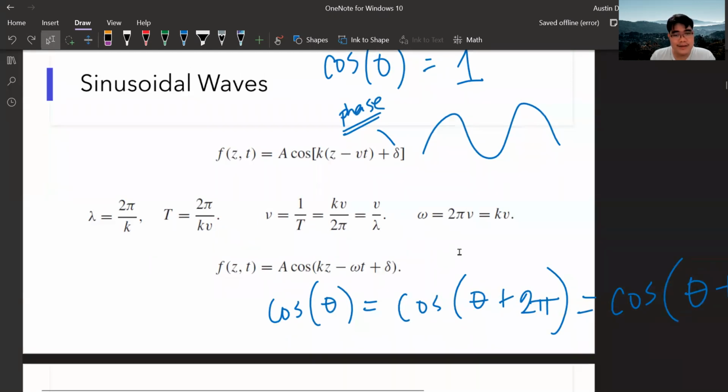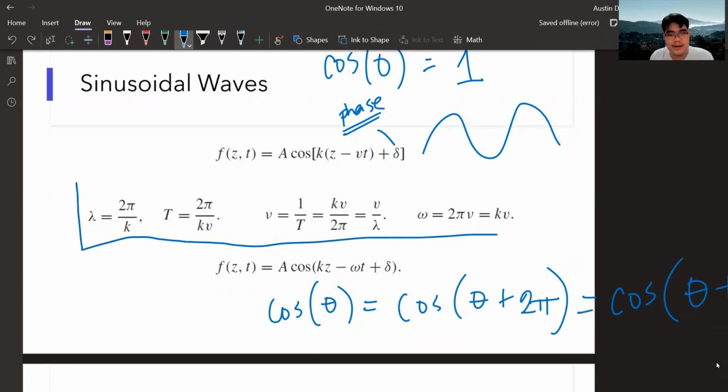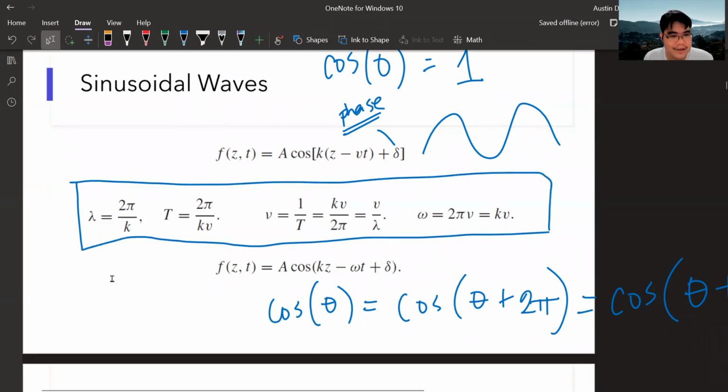So I want you guys, kung sino man na sumasabay sa akin ngayon mag-solve ng bagay-bagay, I invite you to write down these bad boys, for later on. Para sa mga purposes natin later.